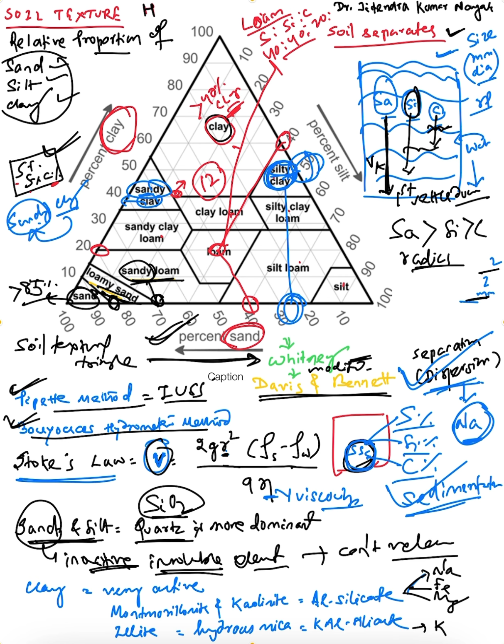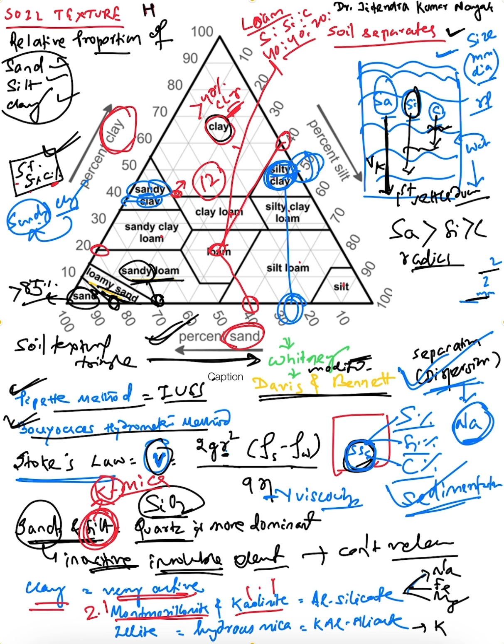With respect to silt, silt somehow provides potassium to the plant, because silt contains some potassium bearing mica. Coming to the clay particles, unlike sand and silt, clay particles are very active in nature. Examples are montmorillonite clay, 2:1 type, and kaolinite, 1:1 type.